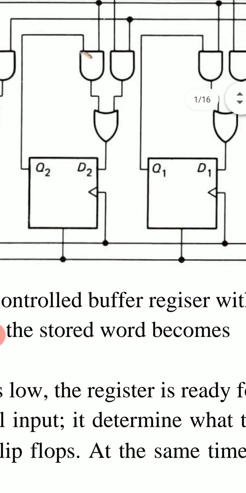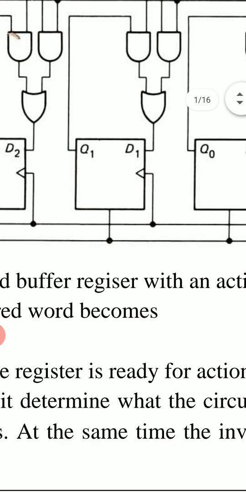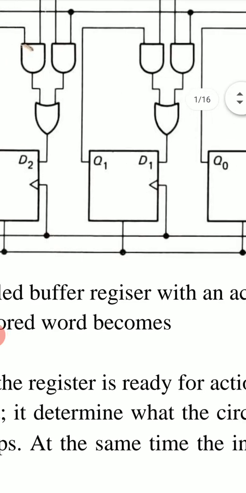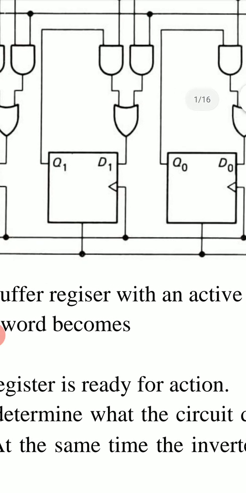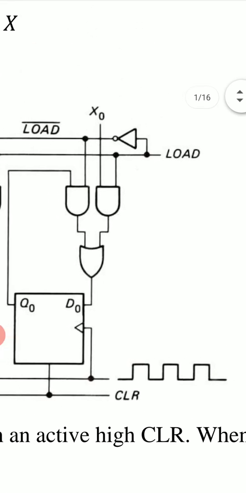And then Q0 is D0 and D0 is Q0, so the Q0 bit is retained. Similarly, Q1 is retained, Q2 is retained, and Q3 is retained. Hence, this output word Q, that is Q3, Q2, Q1, Q0, will remain the same. This is for low load.